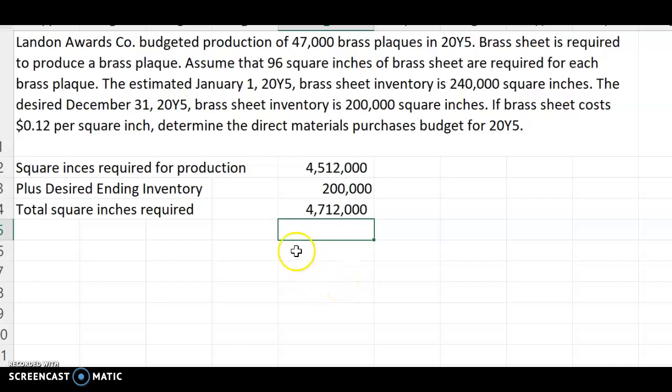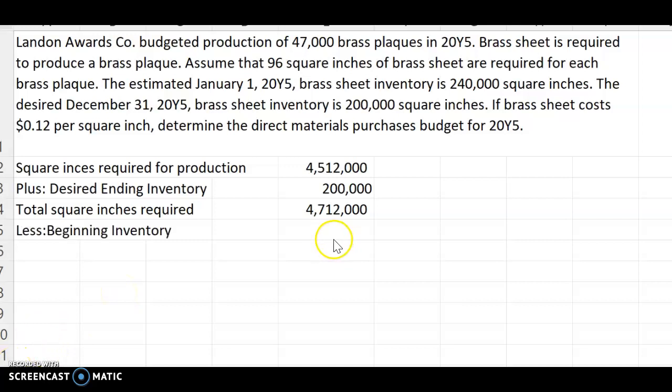And so when I add these, this is what I get. And then I need to subtract out my estimated beginning inventory, because I won't need to make these because I already have these in beginning inventory. They told that number to me, 240,000.